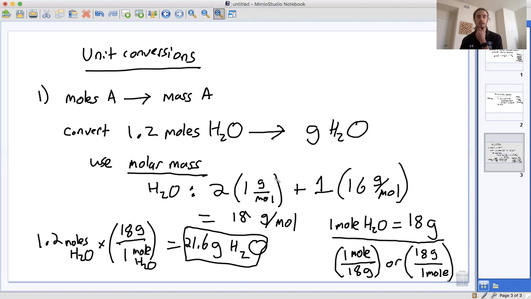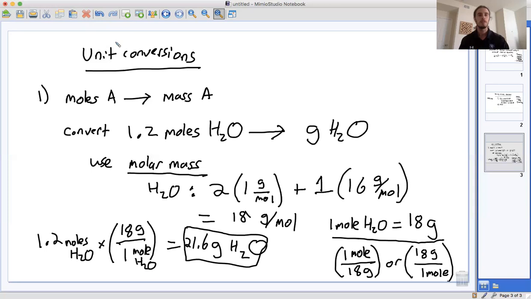You're going to use the molar mass. You're going to set up a conversion factor using that molar mass, right? And so when you set up your conversion factor, remember that the units that you're starting with go on the bottom, and the units that you're converting to that you want should be on the top of that conversion factor.